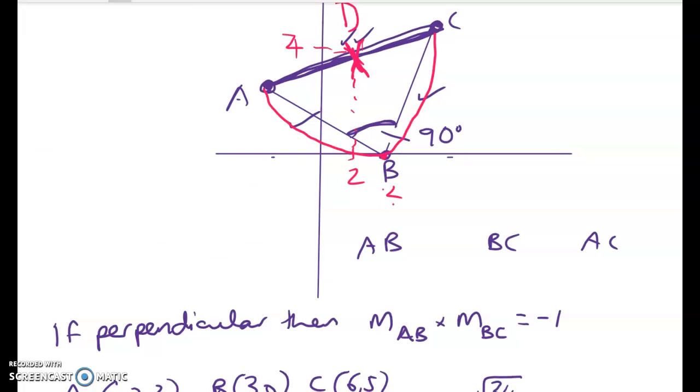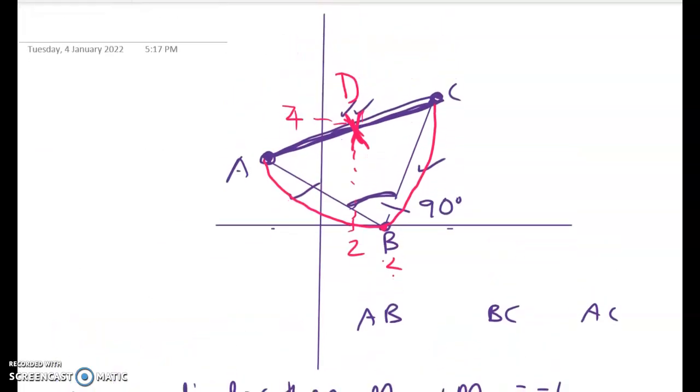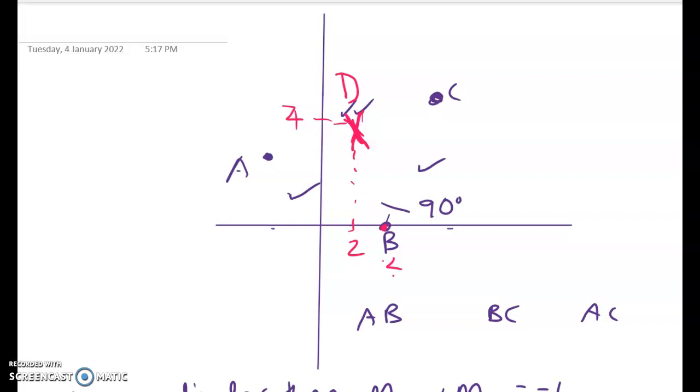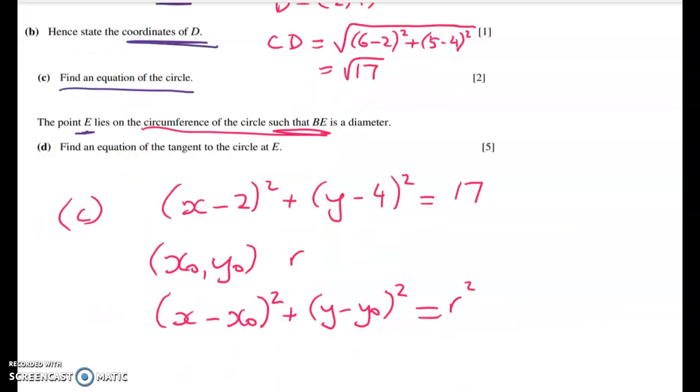So let's go back to our bad graph. And I'm going to magically erase some of this stuff here. I'm going to leave point D on there, and I'm going to take all the other stuff off. So I'm leaving D on there because we know that D is the centre of the circle. And BE is a diameter.